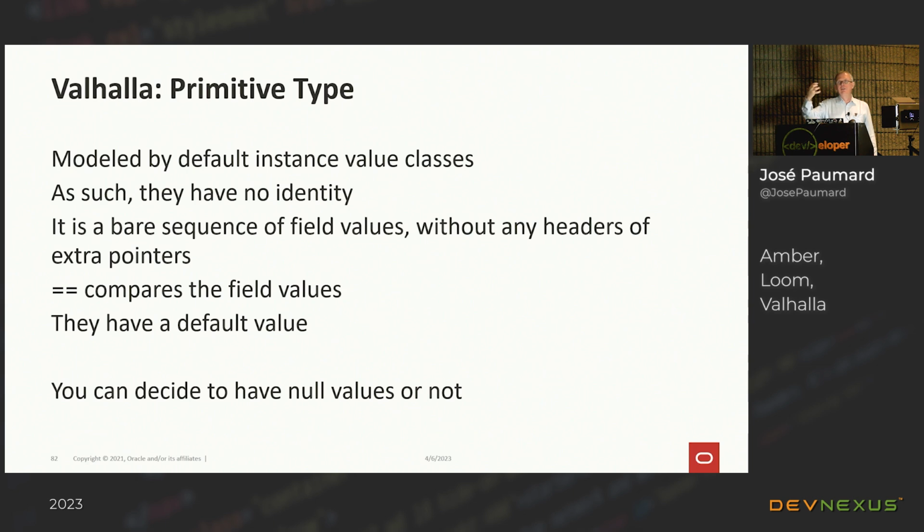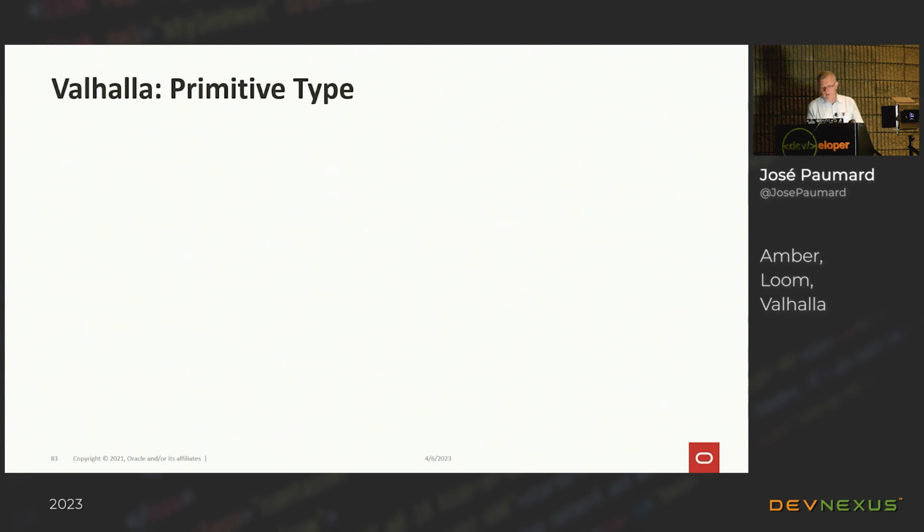It allows you to decide where you use it. At the point where you use these kinds of objects, you can decide whether you want to handle null values or not. And if you don't want to handle null values, you give up on handling null values, you will get better performance. Okay, and I'm going to skip that bit because we are really out of time.